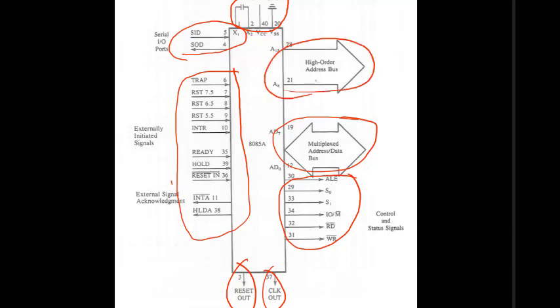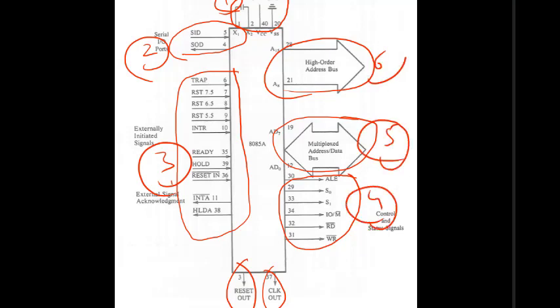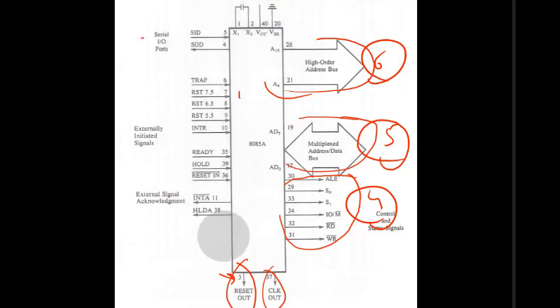So these are the 6 categories: this is number 1, number 2, number 3, number 4, and 5 and 6. This reset out is a part of number 3, and this clock out is a part of number 1. Let us study them now in detail.